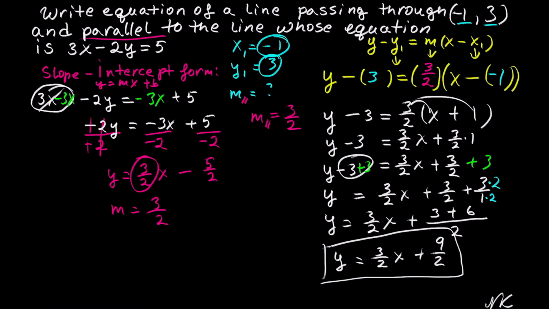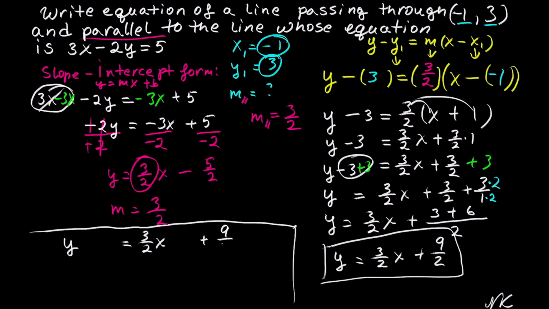If you need the solution in standard form, you need to move x to the other side of the equation. So we have y, let's leave some space, equals 3 out of 2x, let's leave some space, plus 9 out of 2. To move x to the other side, we need to do the additive inverse of positive 3 out of 2x, which is minus 3 out of 2x.